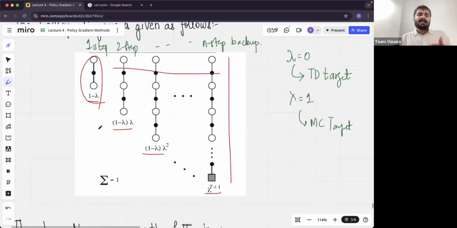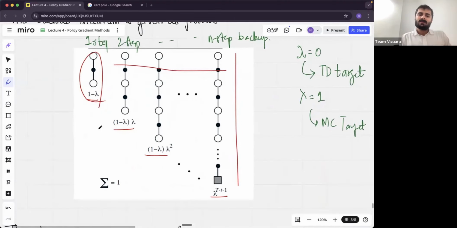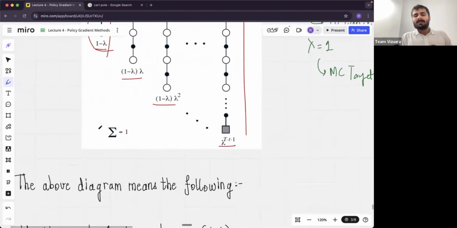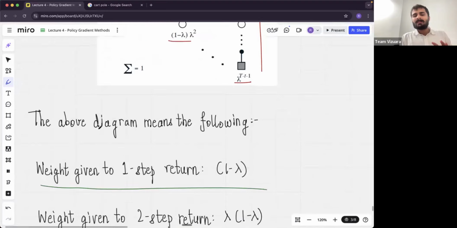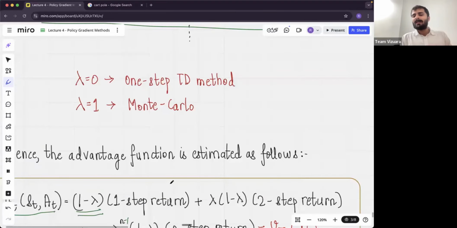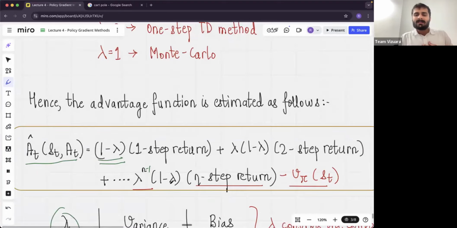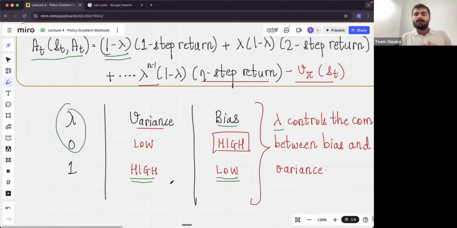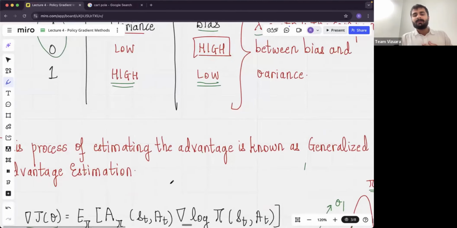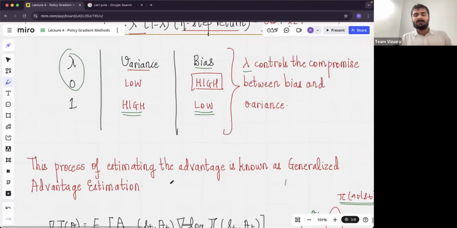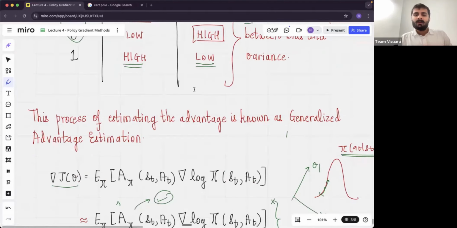So in practice, this lambda is also a hyperparameter which is used in the advantage estimation. And finally, to estimate the advantage, all you need is the value function estimation. You don't need anything else. And this method is called generalized advantage estimation, or GAE.